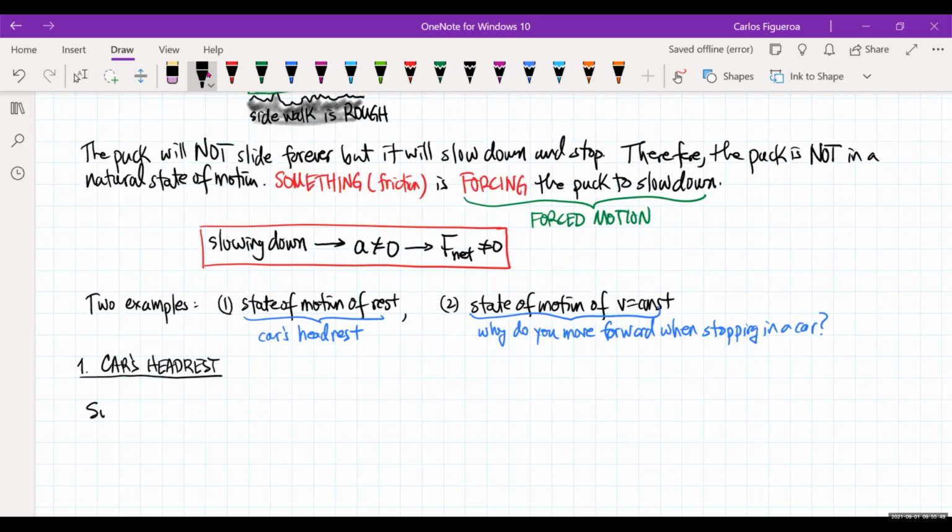So suppose you are in your car at rest at a stop sign.